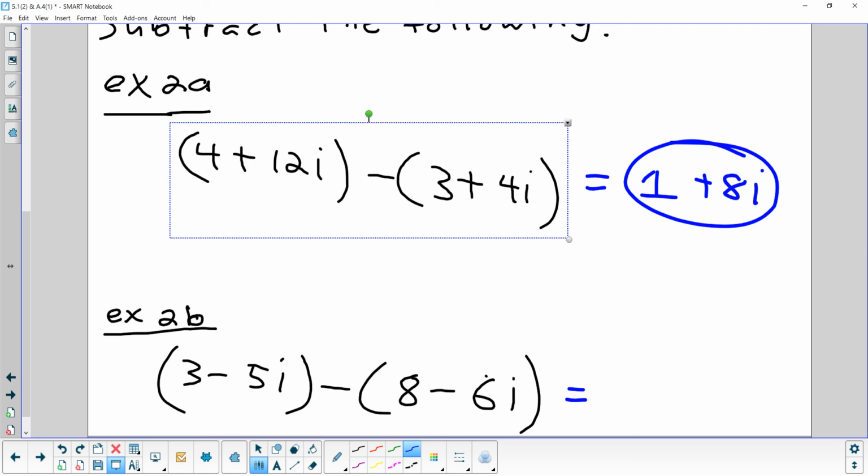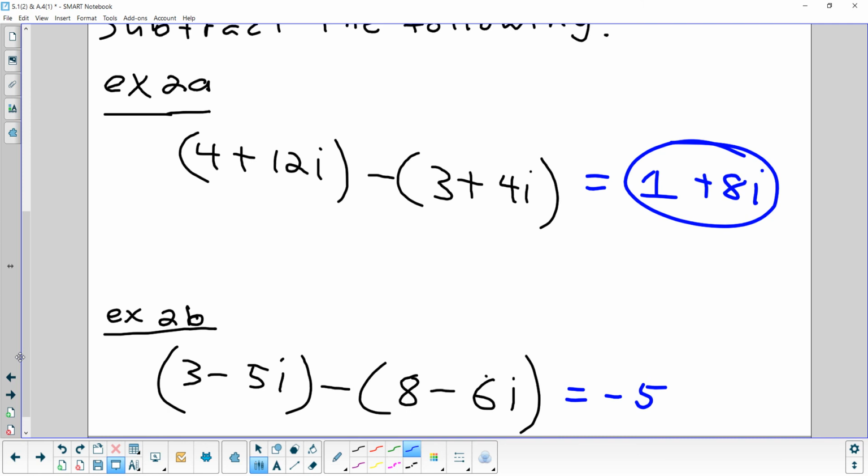Would it be negative 5i plus i? Wait, the real part is negative. You said negative 5i. Oh, I meant just negative 5. Okay, yeah, negative 5. And what else? 1i, or plus 1i. Plus 1i.